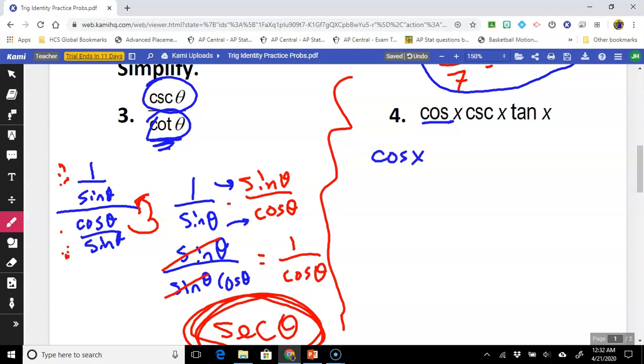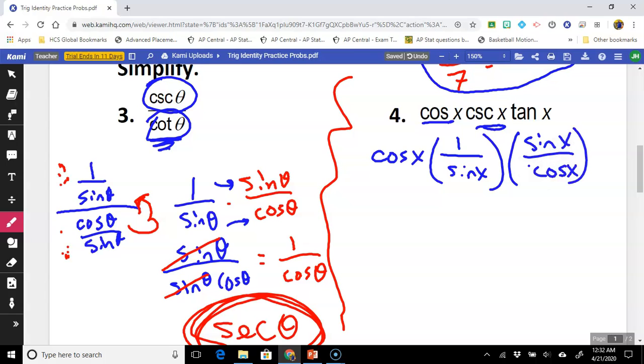So like I said, we want to write things in terms of sines and cosines. Cosecant of x is going to be equal to 1 over sine of x. And then tangent of x is equal to sine of x over cosine of x. And again, those are things that we learned earlier.